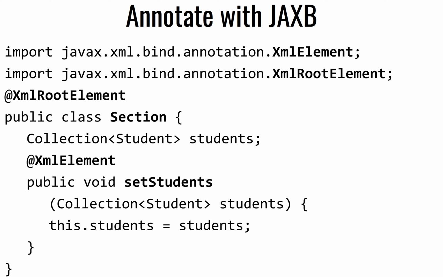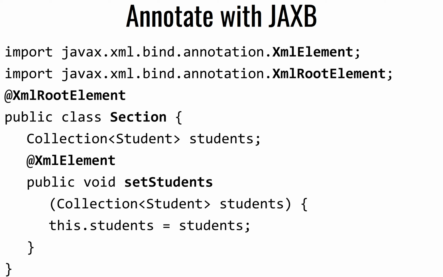Before, in the previous one, we had the student being the root. Right now the section is the root, a higher root, which contains the students, which is an element. So there's going to be an element called students inside of the section, which is going to contain an array of students.